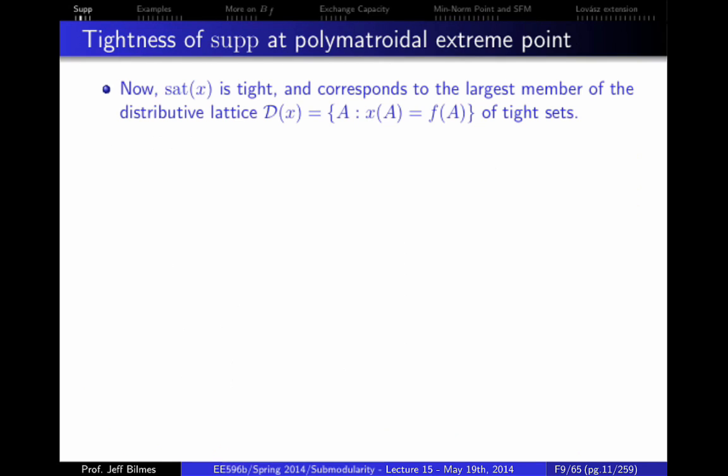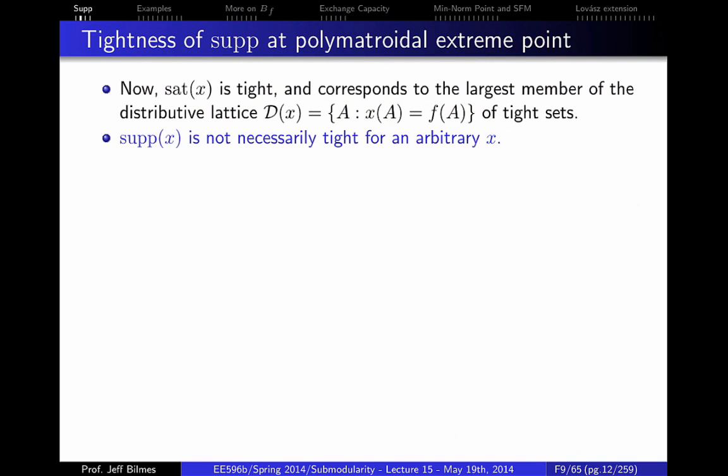But on the other hand, support becomes more interesting when we start talking about x being extreme points. And here's how. Now sat we know to be a tight set. Let's say that it's the largest member of this distributive lattice, and we know it's a tight set because it's the union of all tight sets at x.